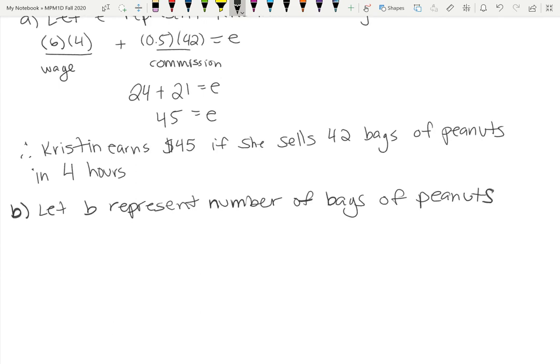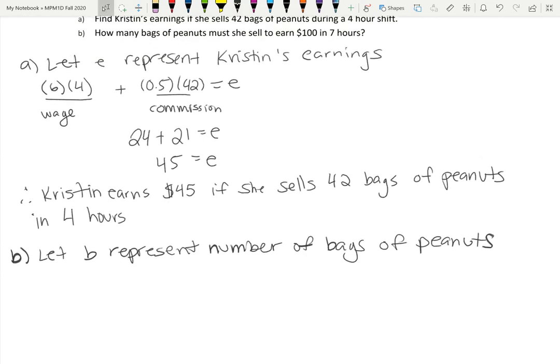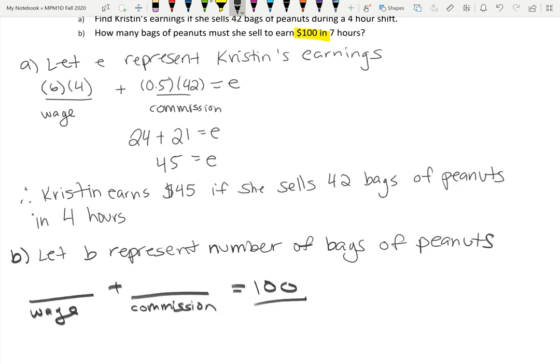Okay, so the question says that she must earn $100. Okay, so equals $100. Now remember, how does she get her earnings? She gets commission, and then she gets her wage, and that represents her earnings.